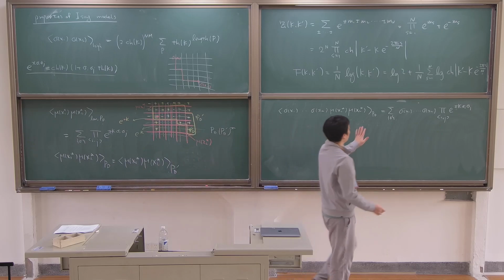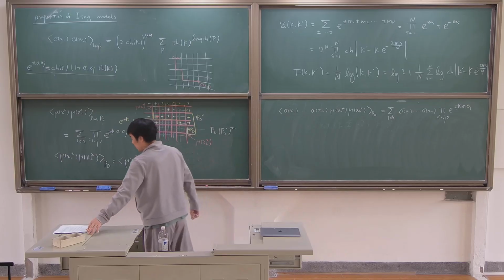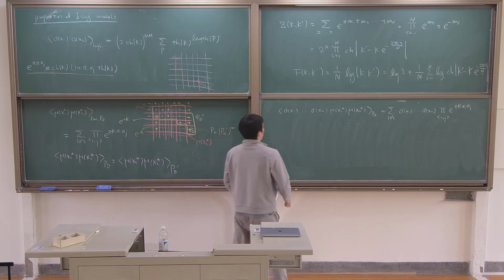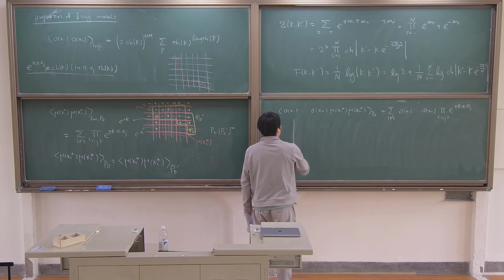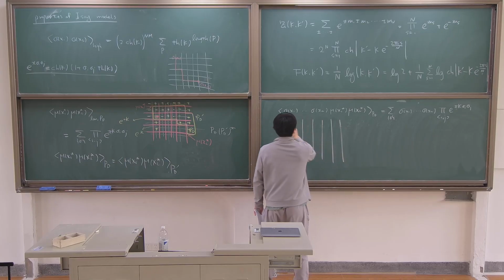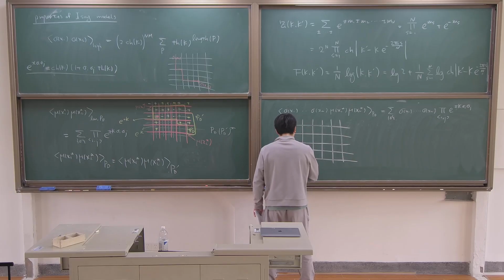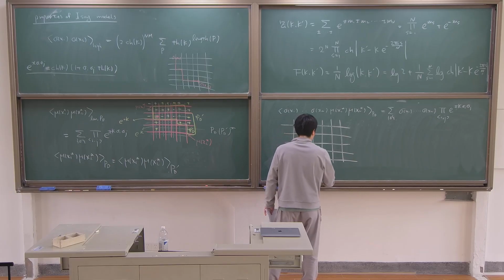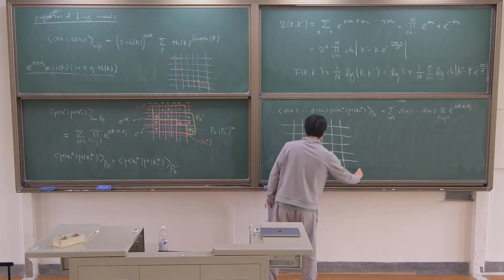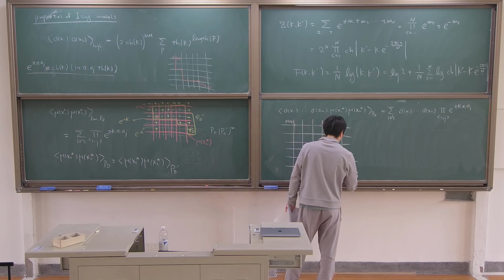On the other hand, if you look at this one, things are different. So let's suppose this is, so I immediately write down the dual path. This is x1, and then here mu x2.